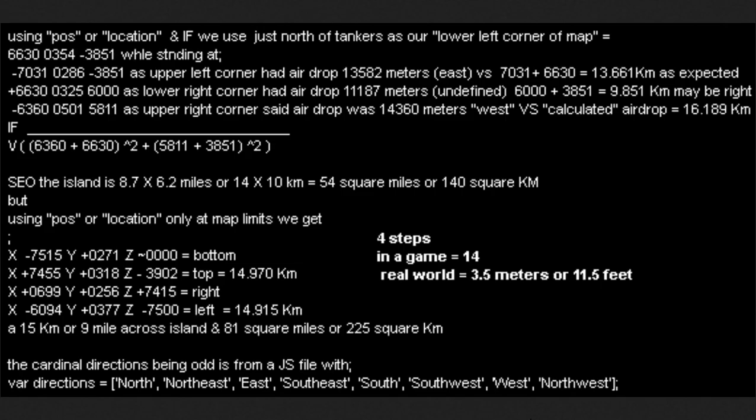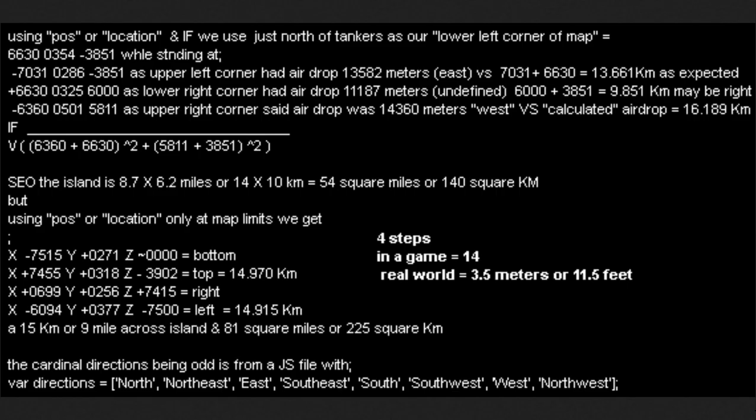Now, that was based on doing the equation this way. You can look at the numbers and find fault with it. I probably screwed it up, but this was me mashing the keyboard and trying to get the numbers right and forgetting how to do the proper a squared, b squared, c squared thing. So the island at that point would be 8.7 by 6.2 miles, or 14 by 10 kilometers, or 54 square miles, or 140 square kilometers, because we did that all based on it claiming to be kilometers.